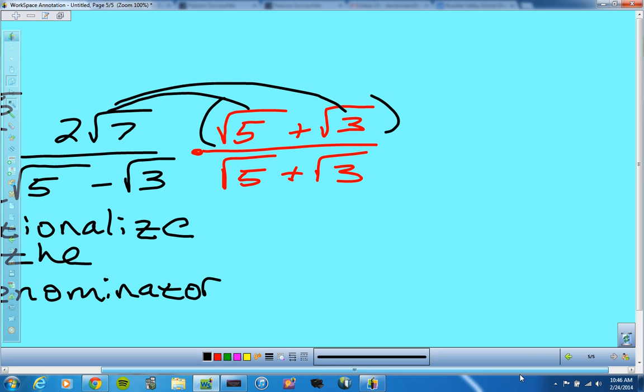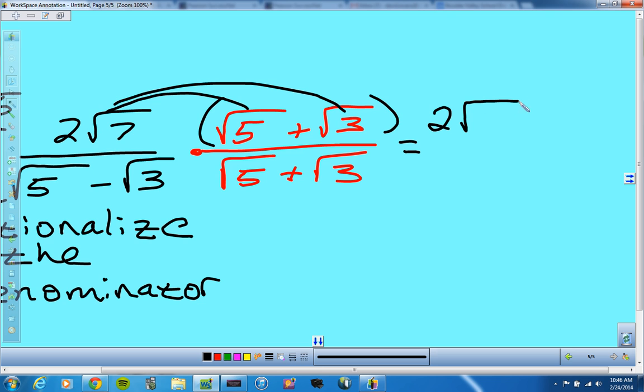Okay. So we're going to do 2 times square root of 7 times square root of 5. Jane, what do we get? Good. 2 times square root of 35, and then we're doing 2 root 7 times square root of 3.